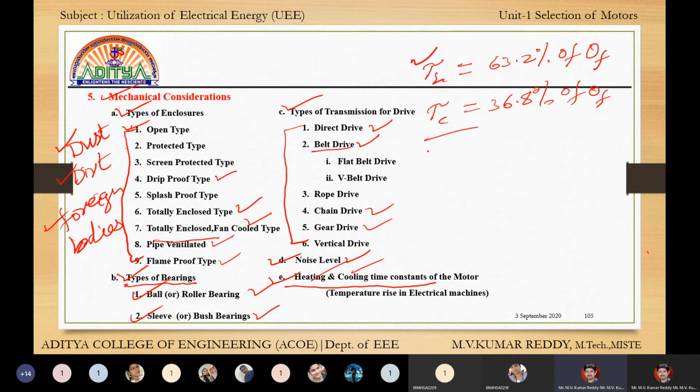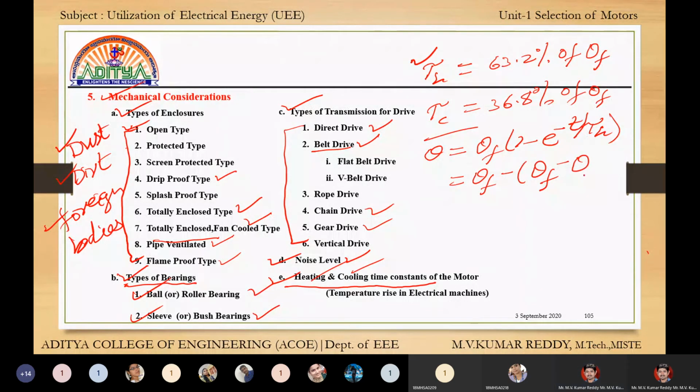For the heating time constant, the formula is theta equals theta f into 1 minus e power minus t by tau h. Another formula is theta equals theta f minus theta f minus theta 1 into e power minus t by tau h.